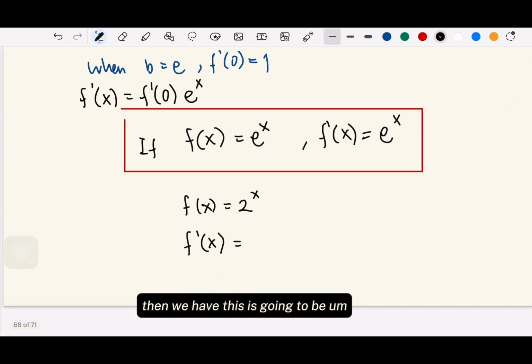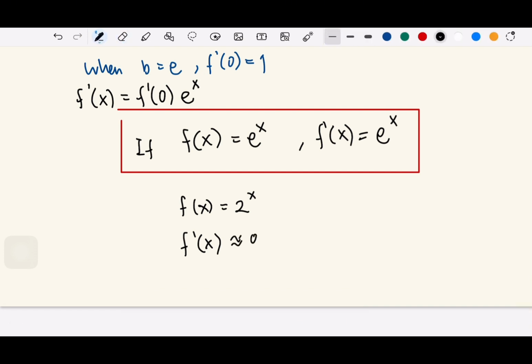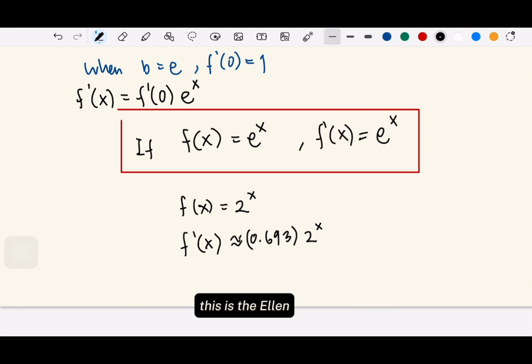So if we take b equal to 2, then we can write it like this for now, and then 2 power of x. But it's not really convenient, right, if we write a number. But what is this number actually? This is the ln, okay? This is actually ln 2.